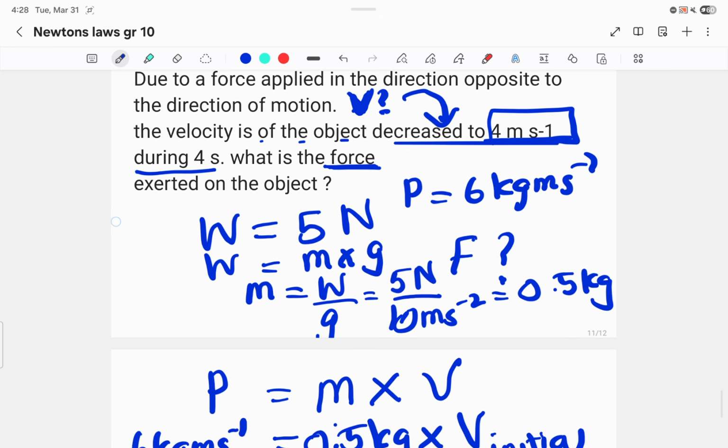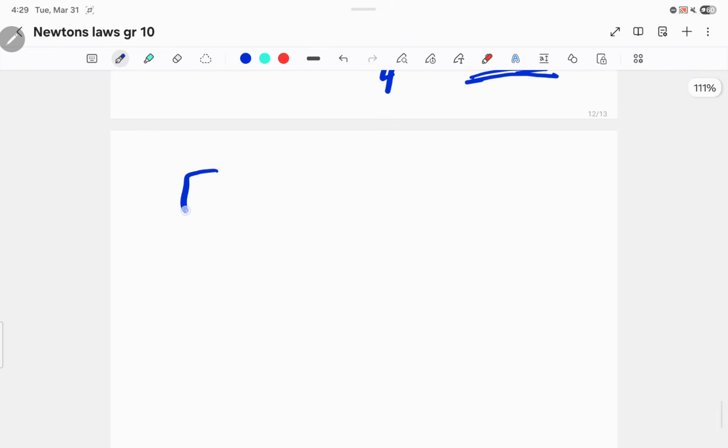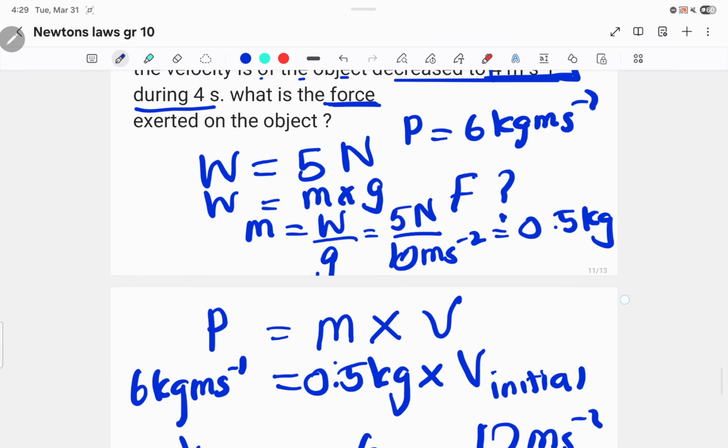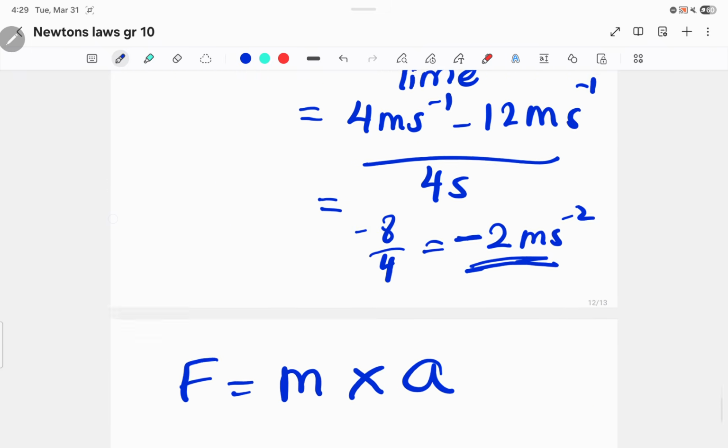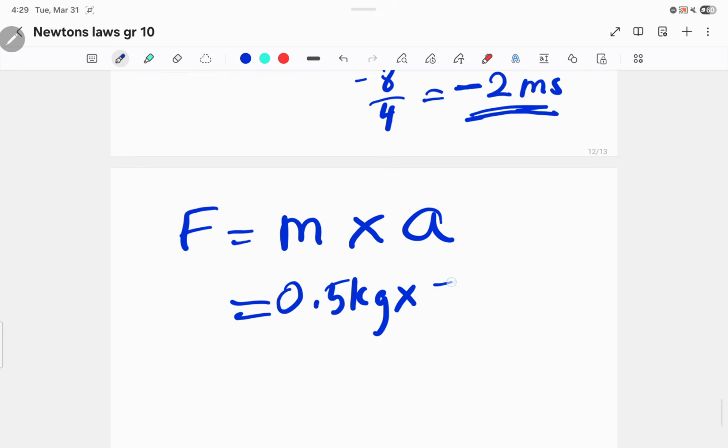So now we know the acceleration. They are asking about the force. What is the force? Force equals m into a. The mass we found as 0.5 kg. Acceleration minus 2.